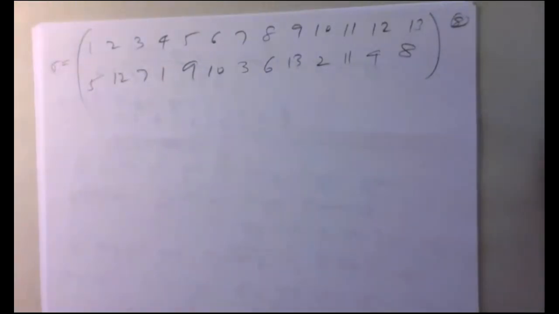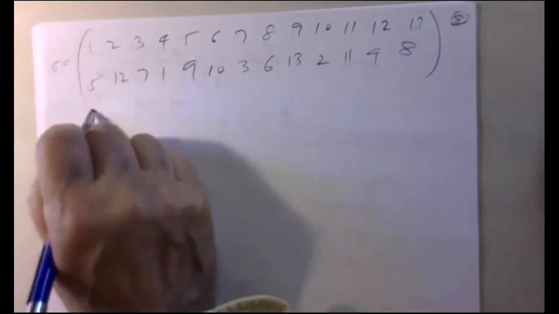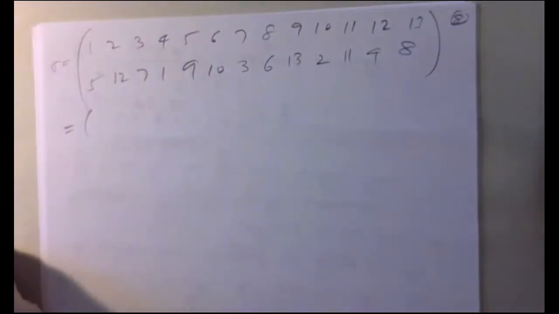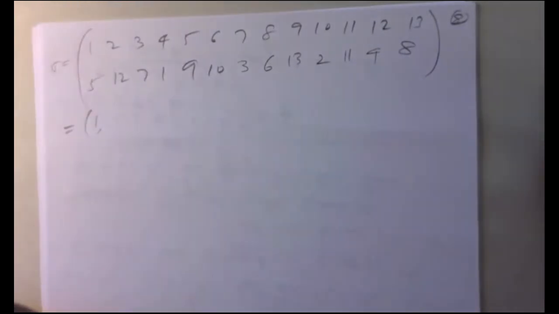Okay, so here we have a permutation sigma. Can someone read off to me the cycle decomposition of this? What's the cycle that starts with 1? Can someone tell me?